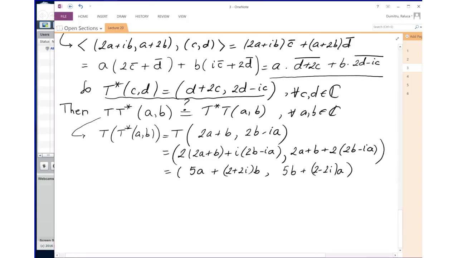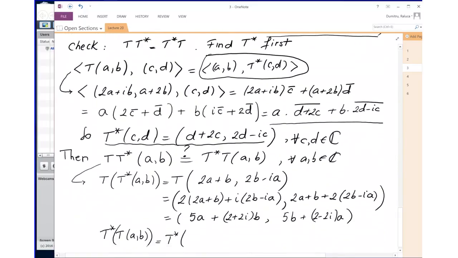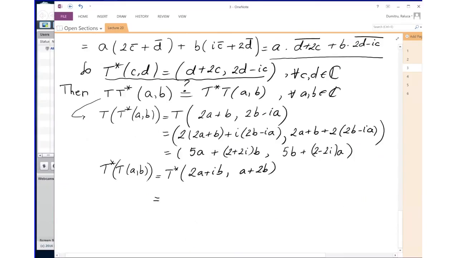And then we do the right side. So that's T star of 2A plus IB, comma, A plus 2B. And T star does twice the first entry plus the second, and twice the second entry minus I times the first.